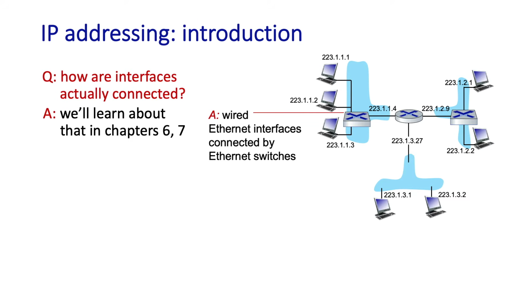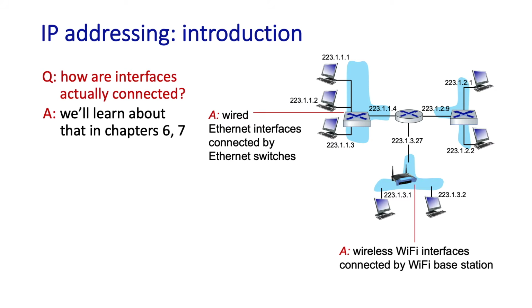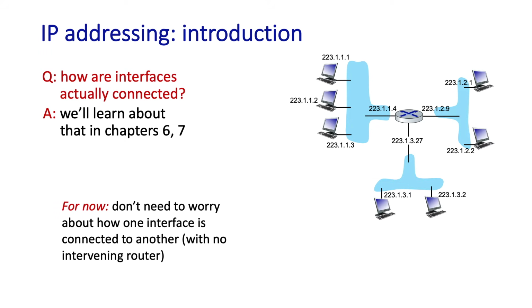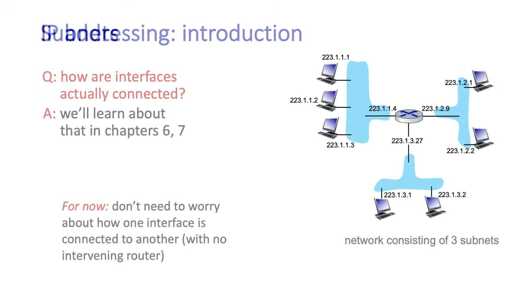The host and the router interfaces might be connected through wired Ethernet switches, or they might be connected through an 802.11 wireless network. But there will be a link layer, local area network, or point-to-point link protocol, typically Ethernet or Wi-Fi in practice, that will be used to connect the interfaces. And we really will learn about this just a bit later. So stay tuned, and for now, back to the network layer.